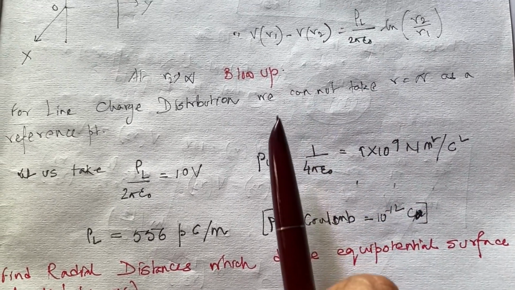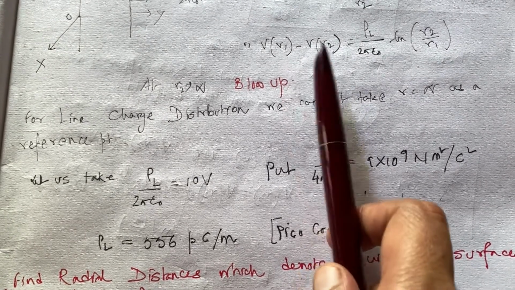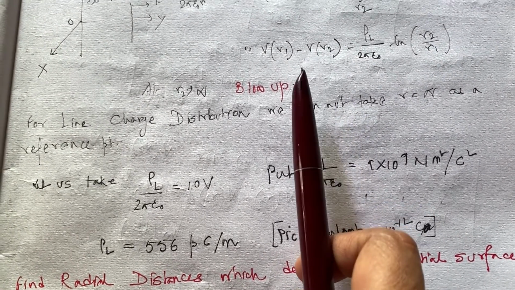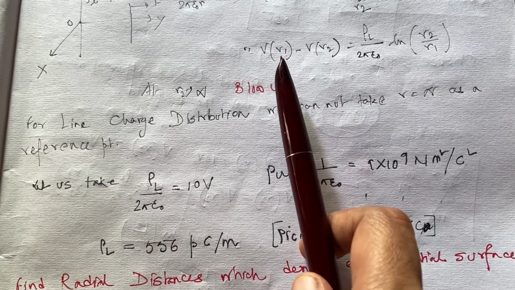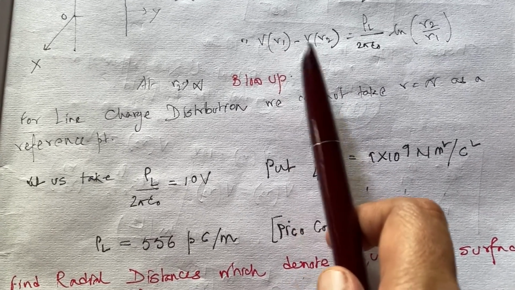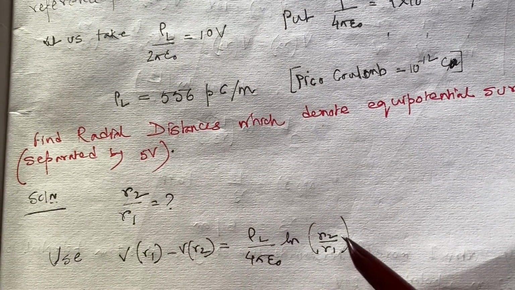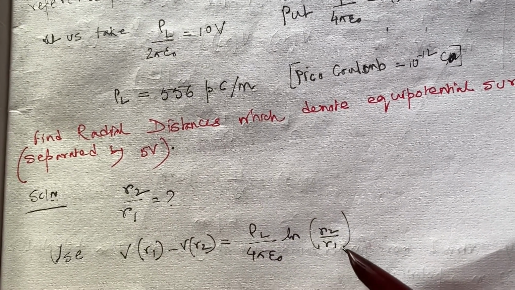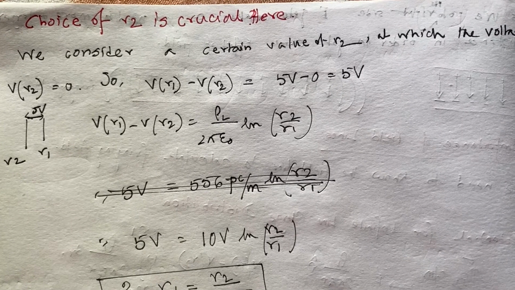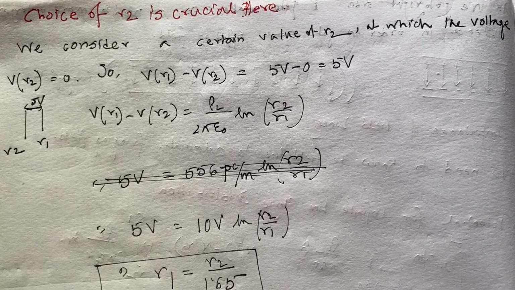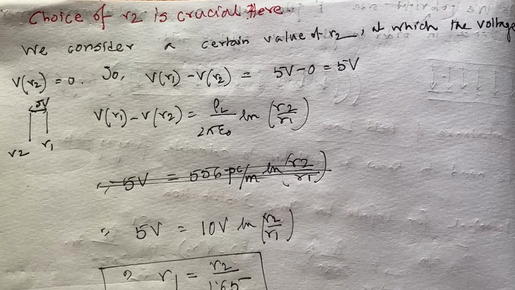And I also take, for example, that these two points are separated: one is a reference point, the other is a field point. The potential difference between these 2 points is 5 volt, that is constant. So using this formula I can easily find out R2 and R1. Now I have to make a choice for R2, because R2 is my reference point where the voltage is to be 0.